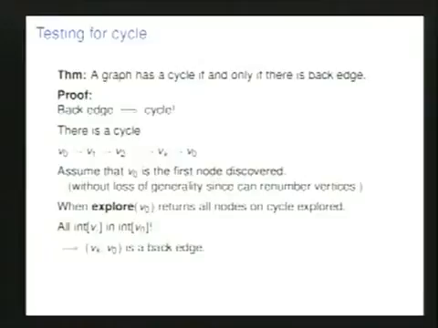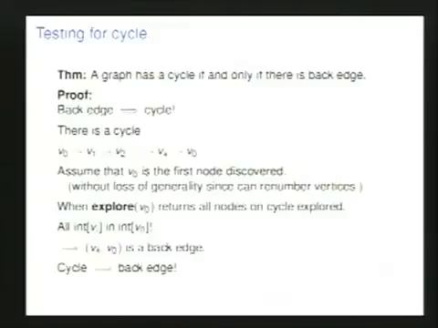Well, when this interval is inside of this interval, that means it's a back edge. Okay? So we found a back edge. It says, given a cycle, the algorithm will output an edge that is a back edge. So cycle implies back edge. Back edge implies cycle is easy because you just show the cycle. But this is a little bit more subtle. You have to think about how the algorithm behaves.